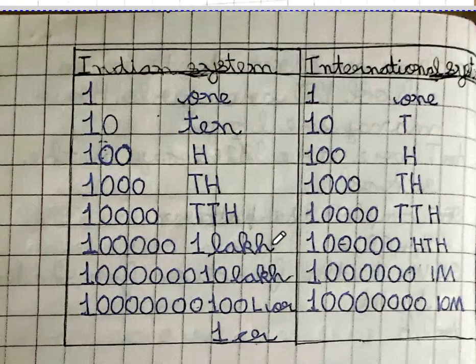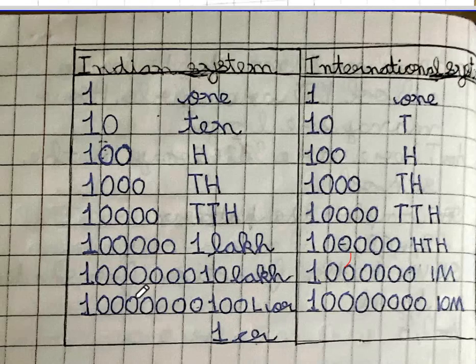Regarding Indian and international system, ones, tens, hundreds, thousands will be same, and 10,000 is also same, but when it comes to 1 lakh, which has 5 zeros in it, in international system it will be called as 100,000. So they will write this as 100,000.